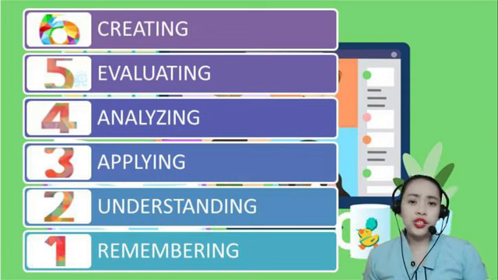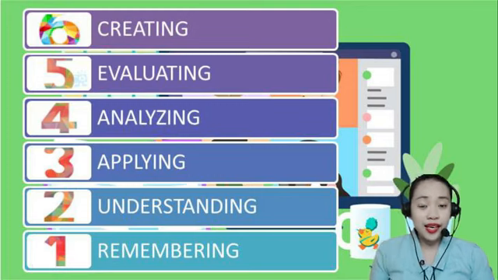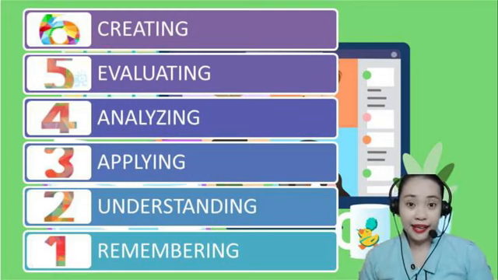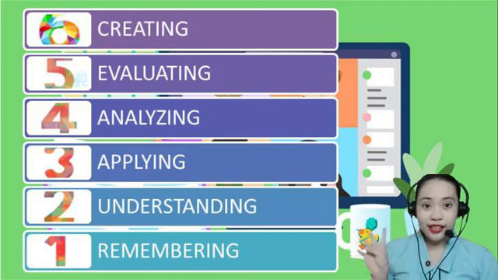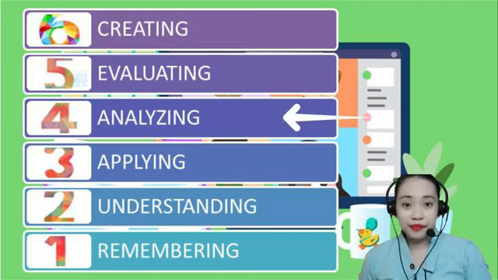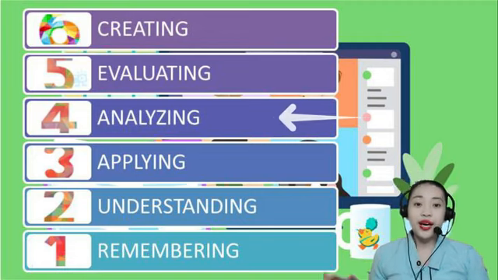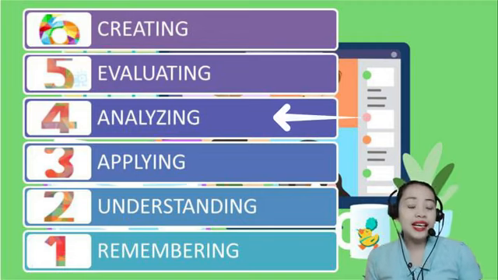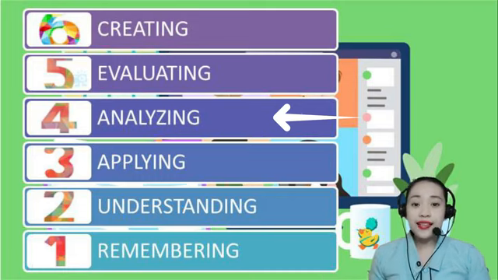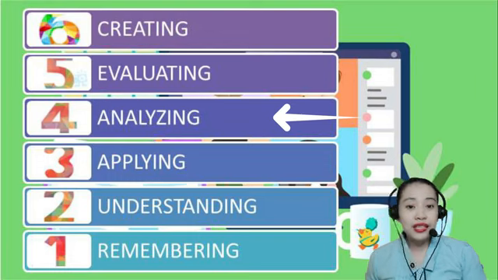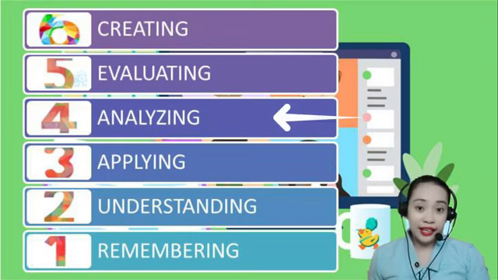Now, let's move on to the higher order thinking skills or HOTS, still under cognitive domain. So we have number 4 in the level, analyzing. Breaking information into parts to explore understandings and relationships, and this includes comparing, organizing, deconstructing, interrogating, and finding.